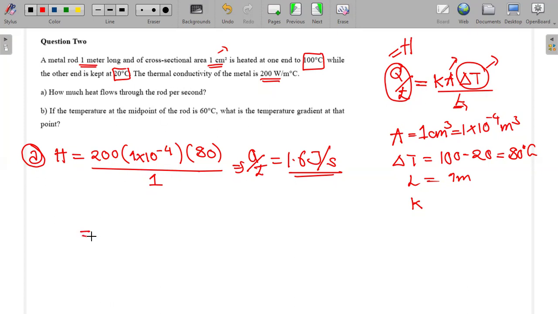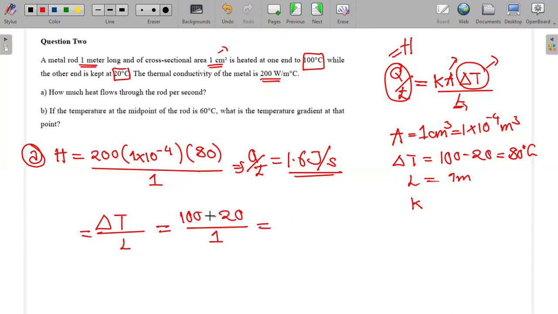We'll say this is equal to the total change in temperature divided by the length, in this particular case the total length of the rod. So this is going to be equal to what? Remember, initially we said the temperature at one end is 100 degrees Celsius minus the temperature at the other end, which is 20 degrees Celsius, divided by the total length of the rod, which is 1 meter.